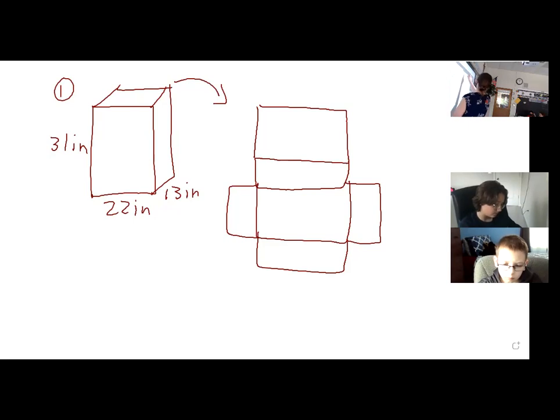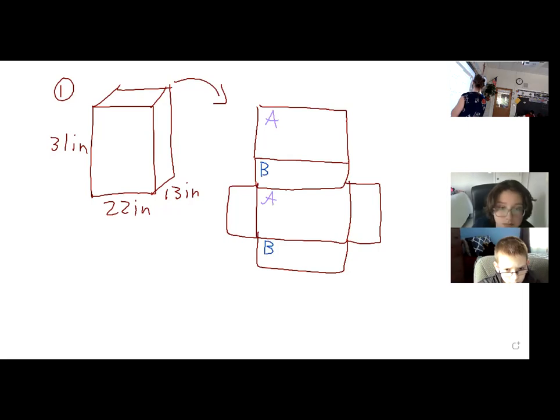So I'm going to first label them. A and A go together. B and B go together.